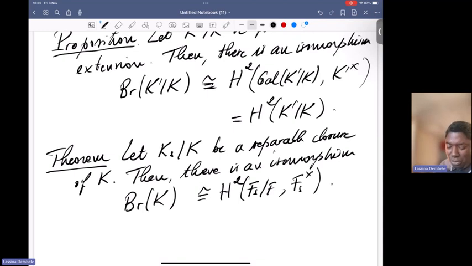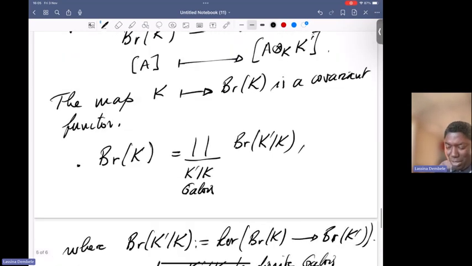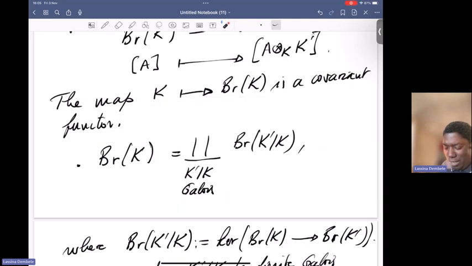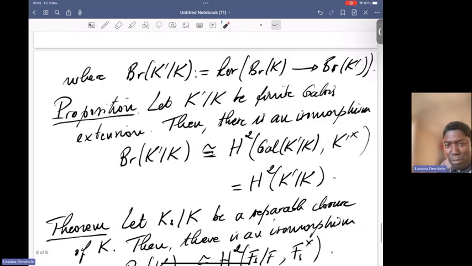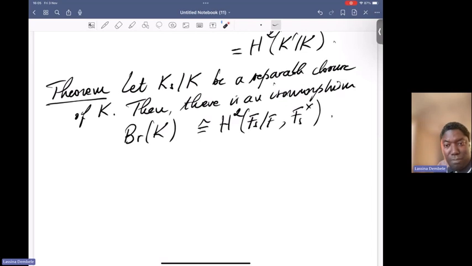This basically uses the proposition that I just stated. The Brauer group is this big union, and then you just have to show that this union is compatible with the restriction maps on the side of the Galois H2, and that's how you get this result.